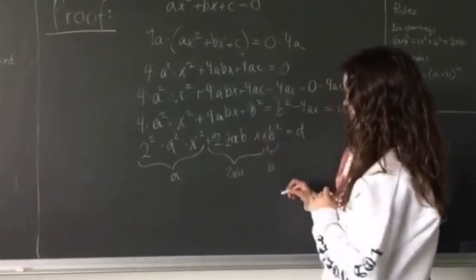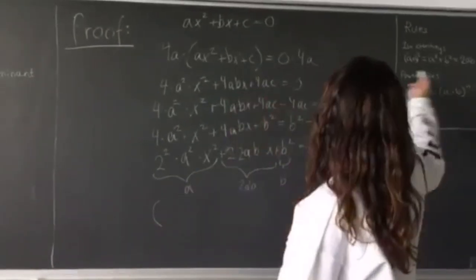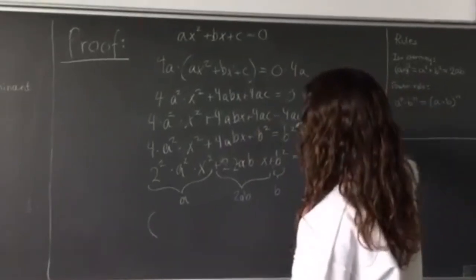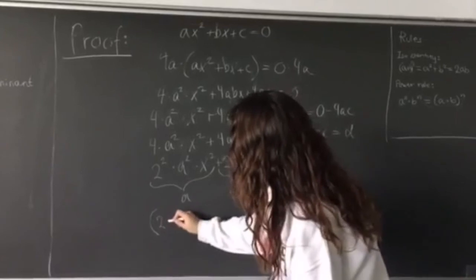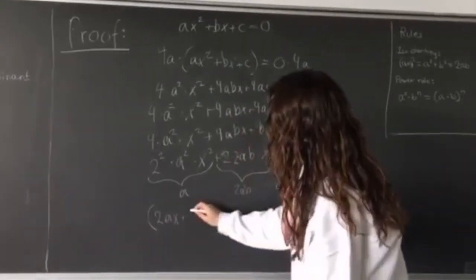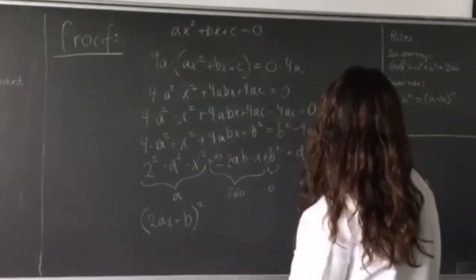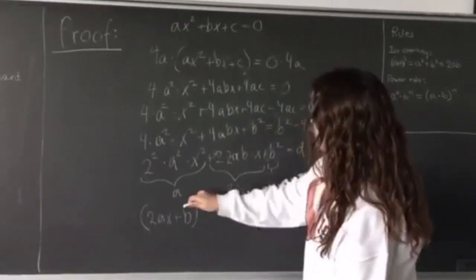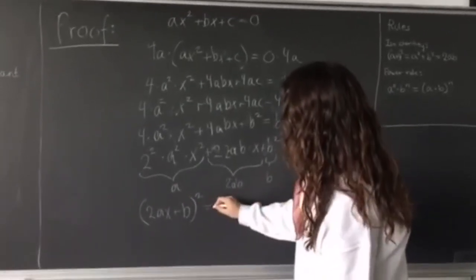So that's how we can understand it. And now we'll put it inside the parentheses. So we know that we have to write a plus b in the parentheses squared. So first the a is 2ax, and then plus, and b is our b, which will be squared. And that is this bit written down a lot easier. It's the same as d.